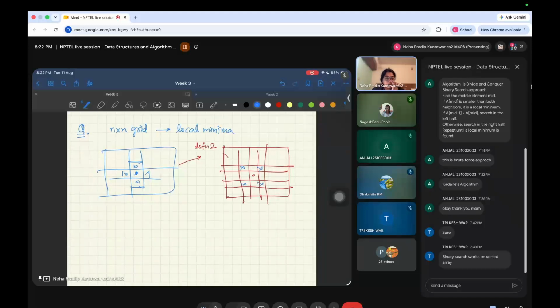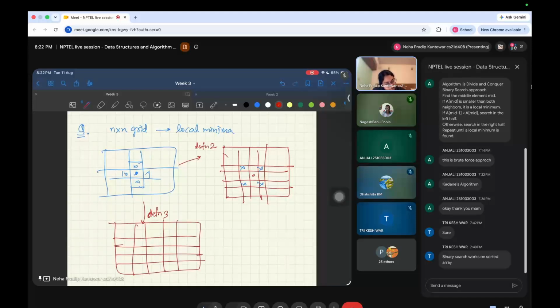These are my 4 neighbors. Or definition 3 could be, given this matrix, if I'm here, then all the touching cells are my neighbors. So these are some variants that one can think of.